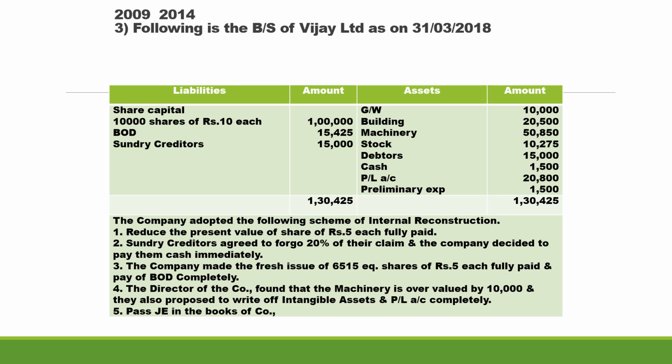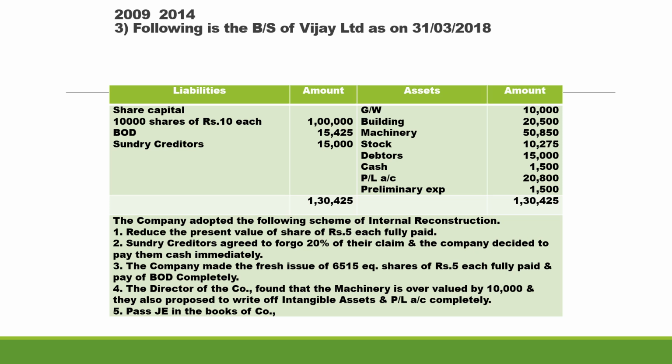The company adopted the following scheme of internal reconstruction. Reduce the present value of shares to rupees 5 each fully paid. Sundry creditors agreed to forego 20% of their claim and the company decided to pay them cash immediately.